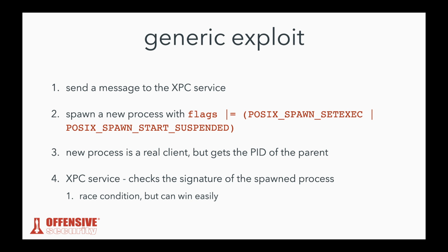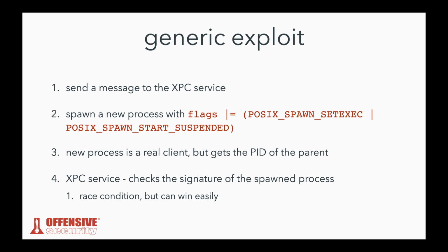Now, how the generic exploitation looks like in this case: we make a client, any client, and we start with sending a message to the XPC service. Then we spawn a new process with these flags, and we start the real client with the spawning, which will get the process ID of the parent.